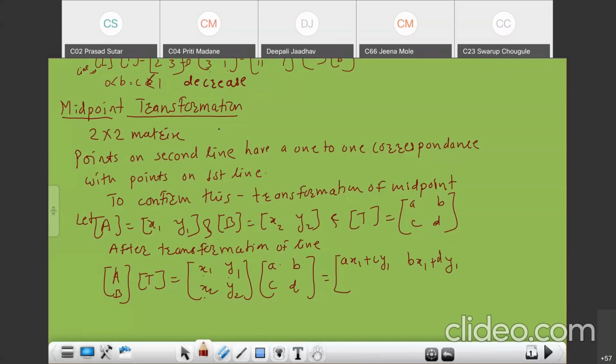Second, multiply x2, y2 with A and C. So we will get A of x2 plus C of y2. And the second coordinate, B of x2 plus D of y2. It is equal to the new line or the transformed line A star B star with new endpoints A star B star.